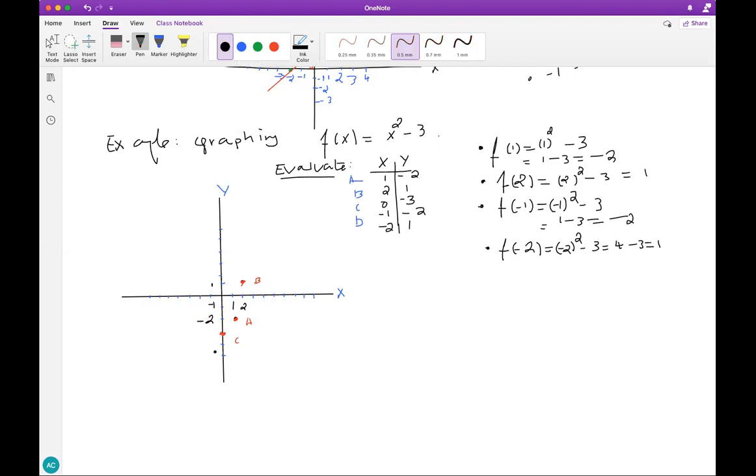We're going to start from -1 and go down to -2. Start from -1, -2 is here. So this is -2 here.